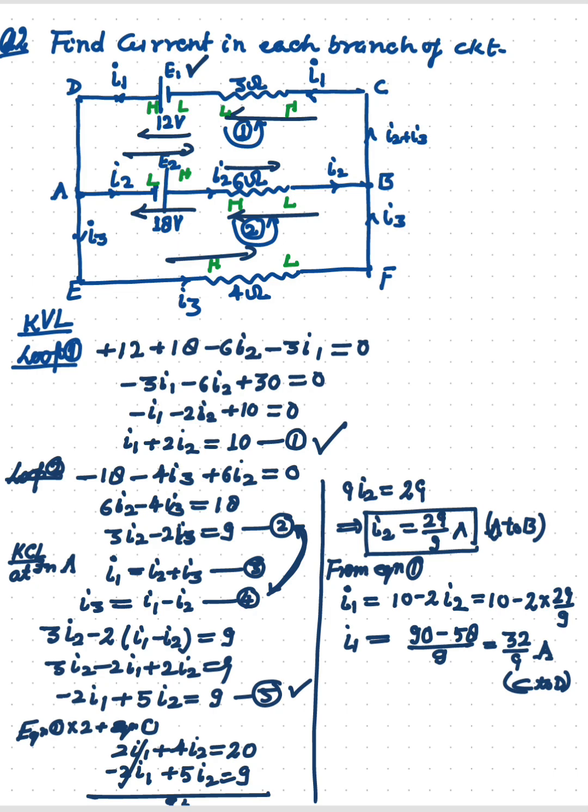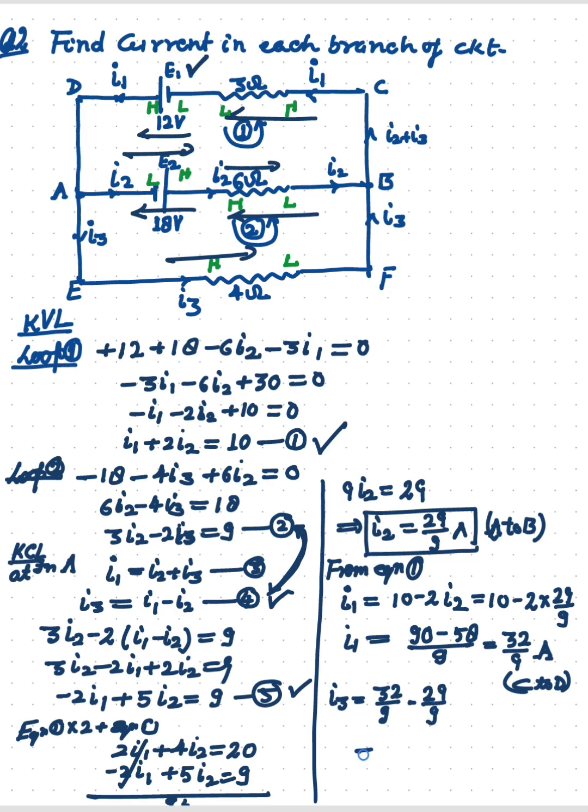Clear? Now what is remaining? The value of I3. I3 is simple, from equation number 4. I3 will be I1 minus I2. I1 is 32 upon 9, and minus I2, which is 29 upon 9.